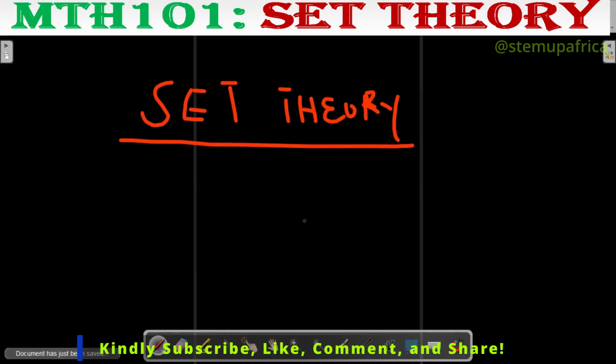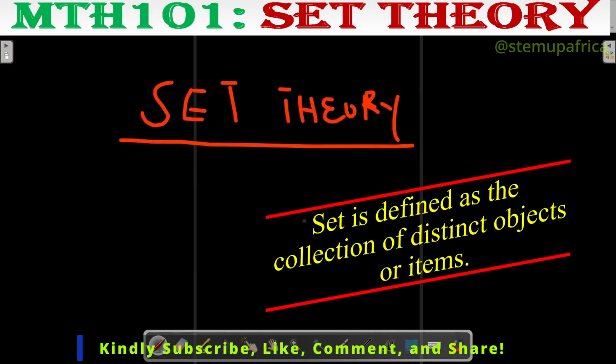Okay. So we're going to define set. Set is defined as a collection of distinct objects or items. So you can write it down.